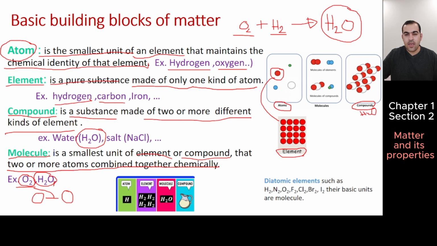An H2O compound is made of a group of H2O molecules. Each one of these, this is oxygen, this is hydrogen, and the other one is hydrogen. So a group of H2O molecules together form the H2O compound that we can see. A glass of water is made of billions of what?